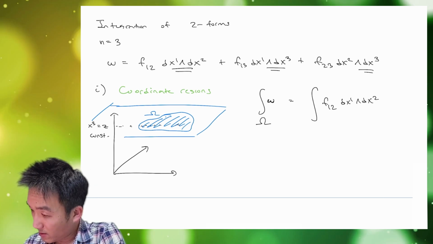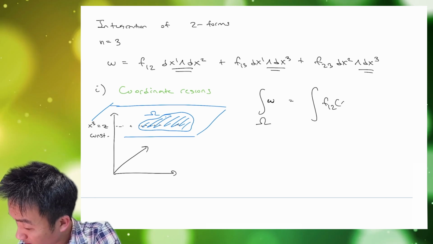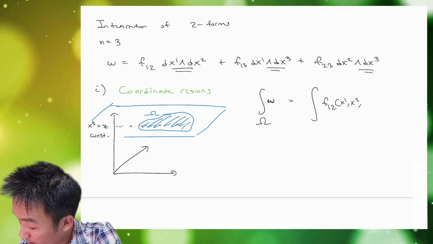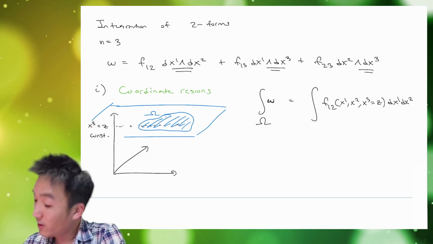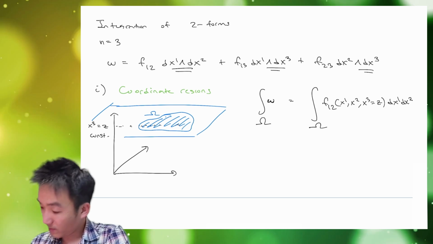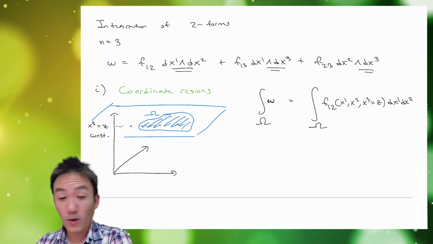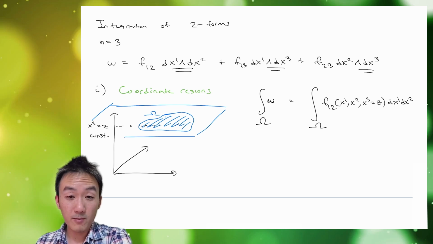And so, sorry, to write something more specific, I meant to write x1, x2, and x3 is fixed as z. And then now I do an ordinary two-dimensional integral from multivariable calculus over this omega. Okay. So this integral on the right-hand side is what you will have seen in multivariable calculus.